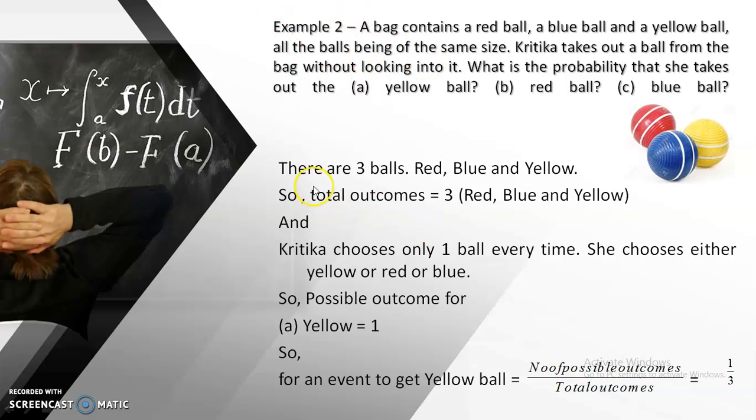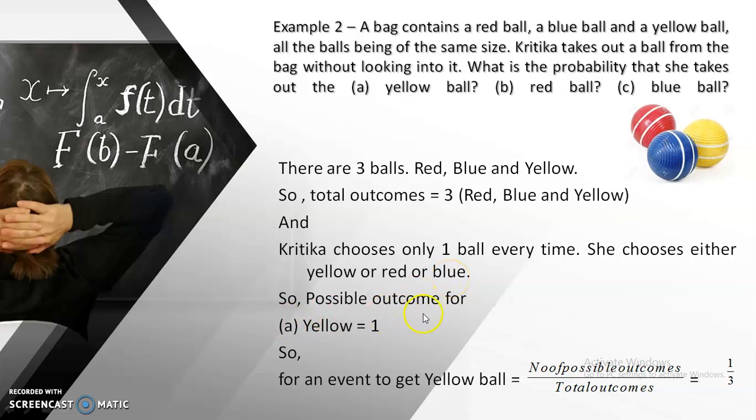Now come to the answer. There are 3 balls, blue, yellow and red. So total outcomes are 3, red, blue and yellow. And Kritika chooses only one ball every time. She chooses either yellow or red or blue.